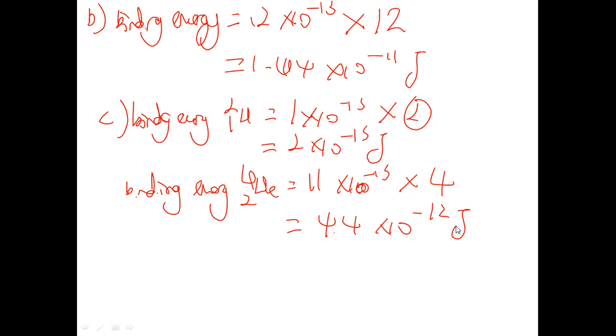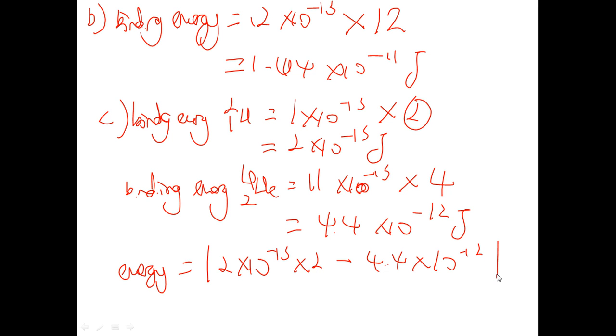So the energy released is equal to 2 times 10 to the power negative 13 joules, which is the binding energy for one hydrogen. But in this equation we have 2 hydrogens, so I have to multiply by 2, and minus away the binding energy of helium, 4.4 times 10 to the power negative 12 joules.